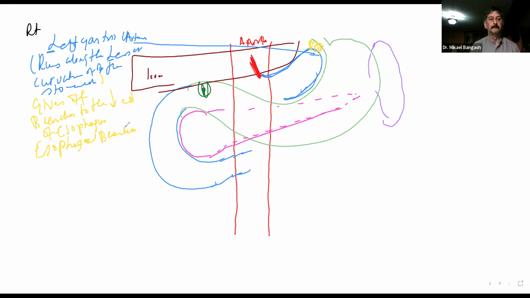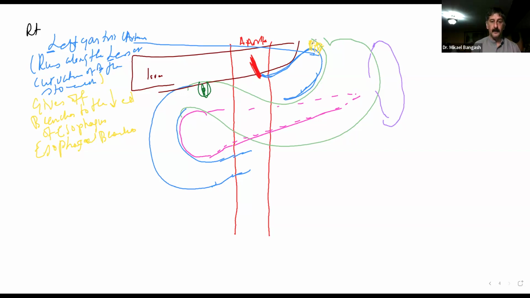Did you guys get that? Okay. So your left gastric artery was a left branch of your celiac trunk, which means it goes to the left and runs along the lesser curvature of the stomach.